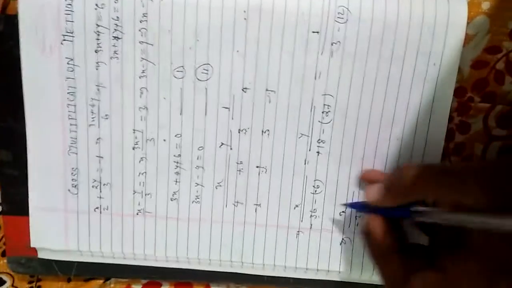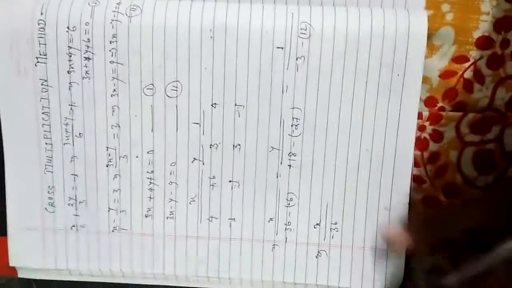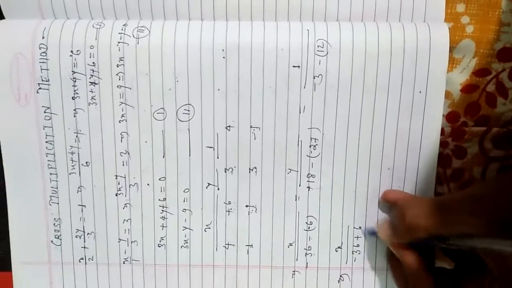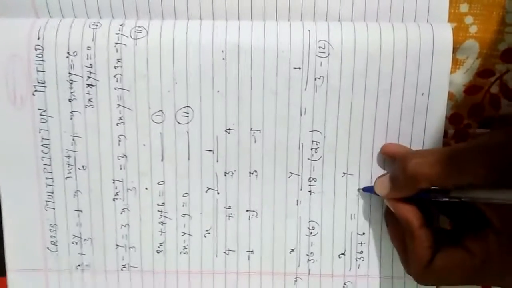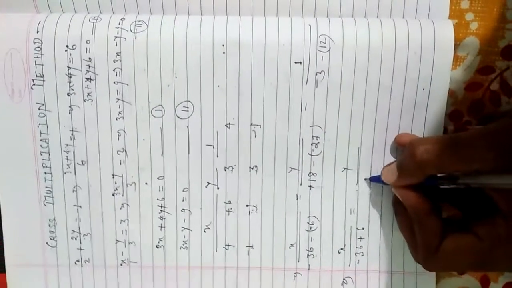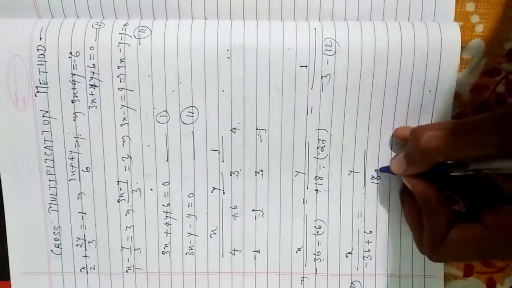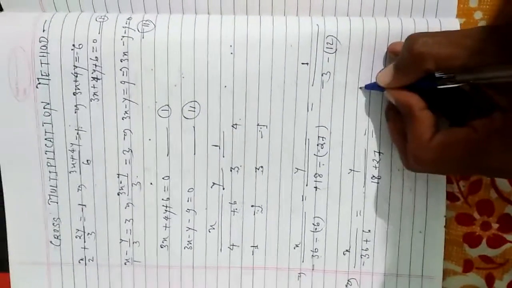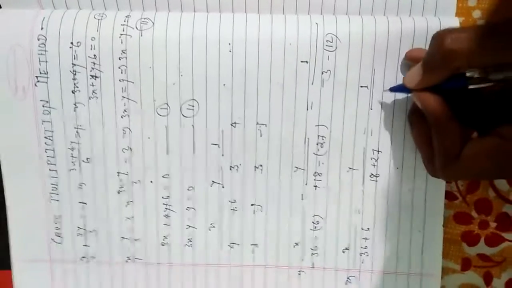Okay, now we are going to solve this. Minus into minus is plus 6. So now plus 18, and minus into minus is plus 27. And this is 1 by minus 3 and minus 12.